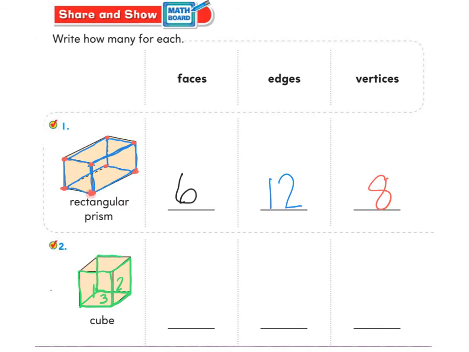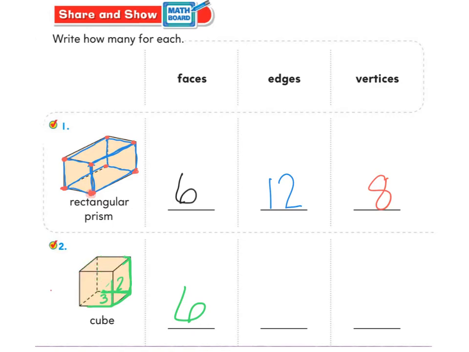This back square is a face, so that makes 4. This one back here, which is easy to miss, makes 5. And then lastly, which one am I missing? I think I forgot to count the back. The back one makes 6. So there are 6 faces in a cube.